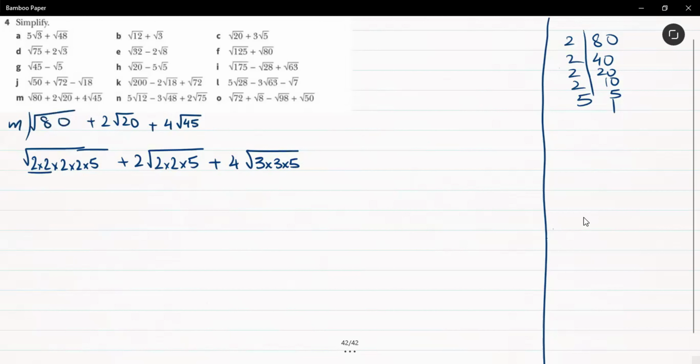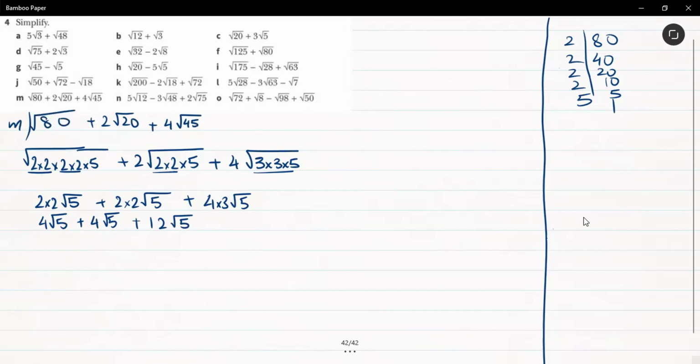Now we've got two pairs of 2 in this one, so 2 multiplied by 2 under root 5, plus a single pair of 2 here, so 2 under root 5, plus a single pair of 3 here, so 4 multiplied by 3 under root 5. Simplify this: 4 under root 5 plus 4 under root 5 plus 4 3s is 12 under root 5. 4 plus 4 is 8, and 8 plus 12 is equal to 20 under root 5. And that's our answer for part M.